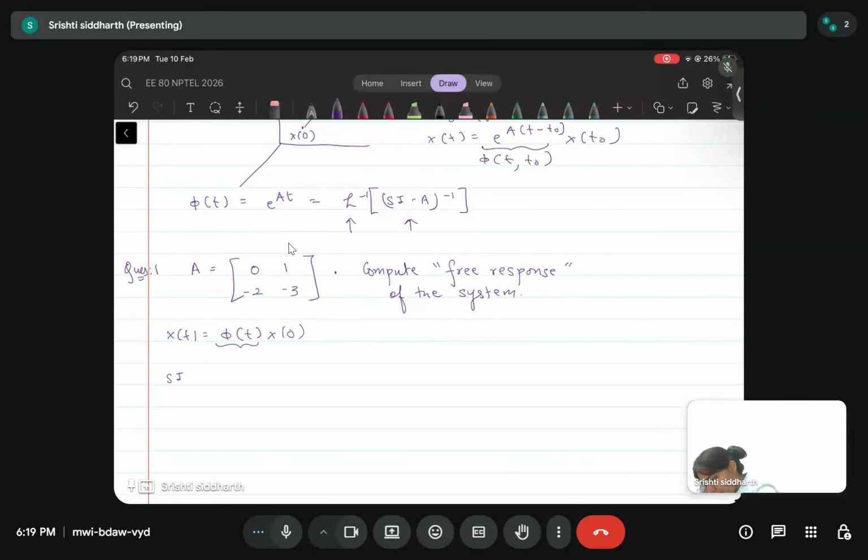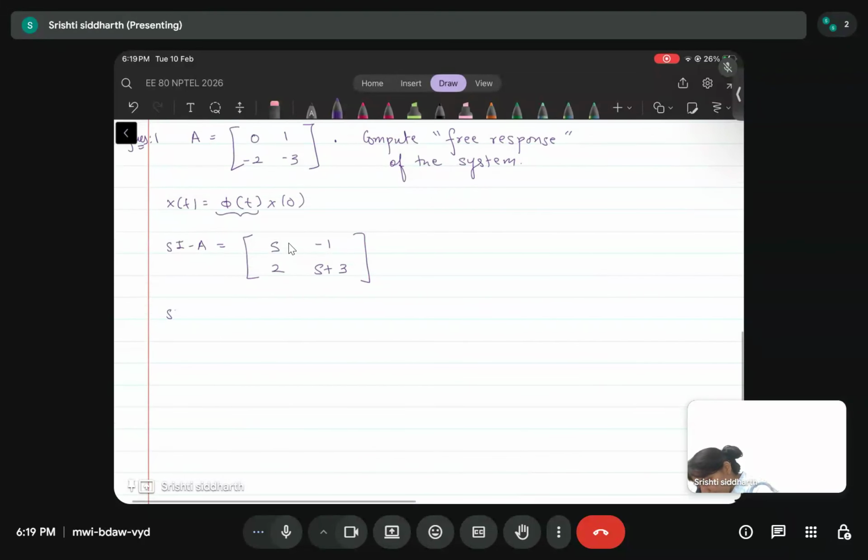For this, we have sI minus A, which is s, minus 1, 2, s plus 3. And then we compute the inverse of a 2 by 2 square matrix, right?